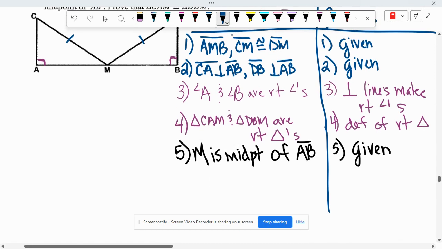We talked about midpoints in this chapter, on like page 7 and 8 in this whole unit. What do midpoints let us say? What does a midpoint do?